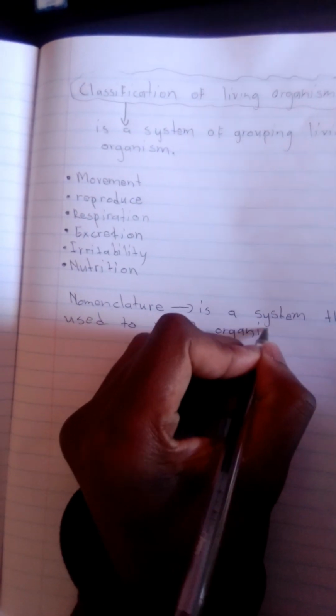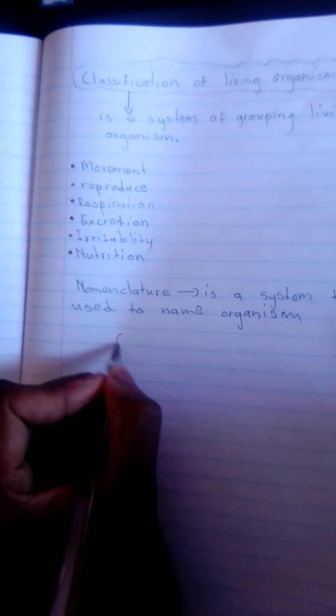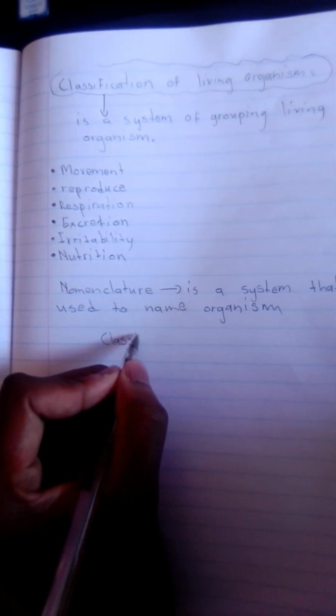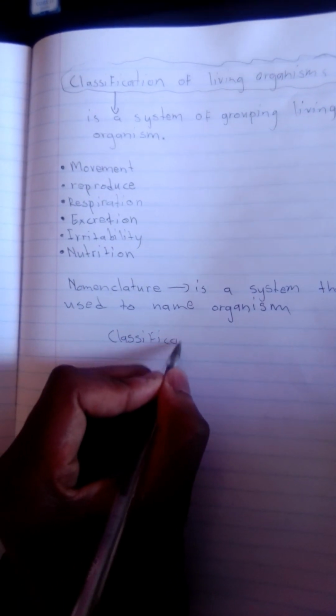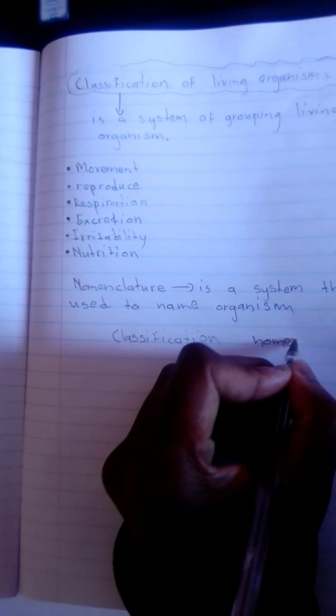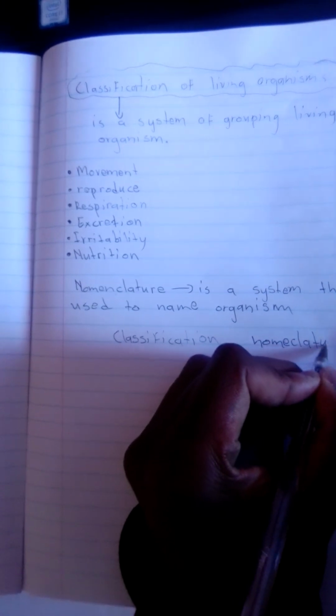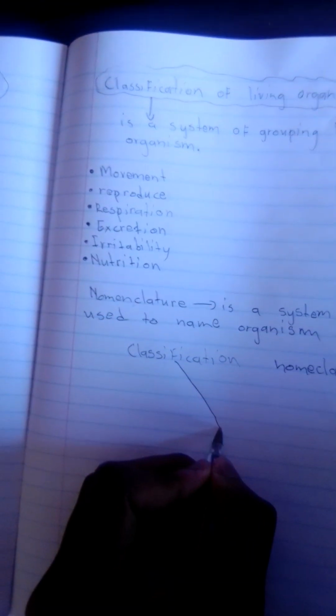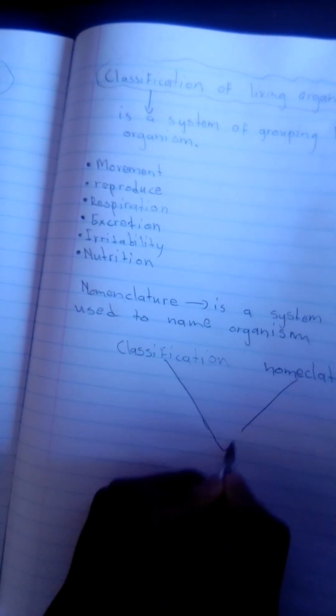So basically classification and nomenclature go hand in hand. Do you know why I'm saying that? It is because they give you taxonomy.